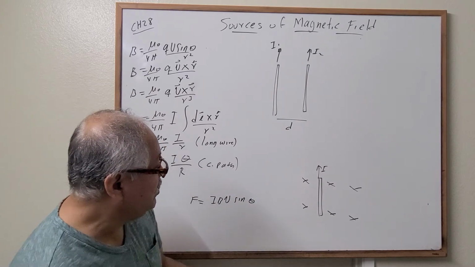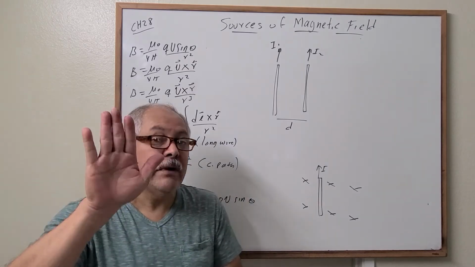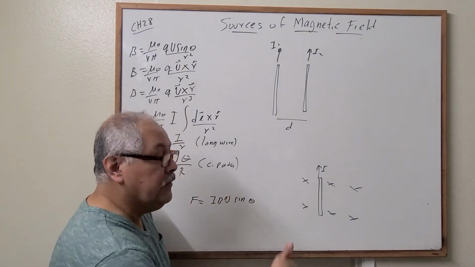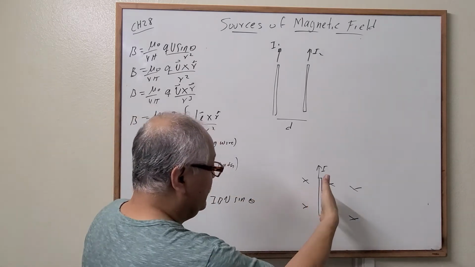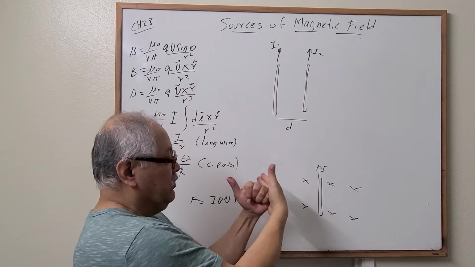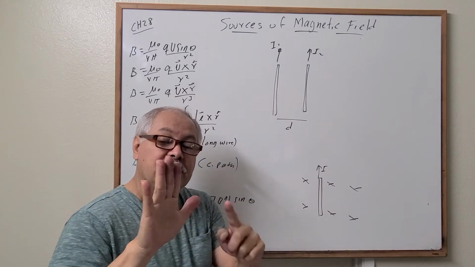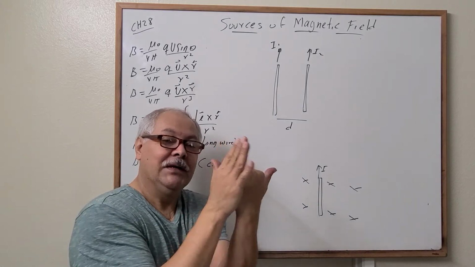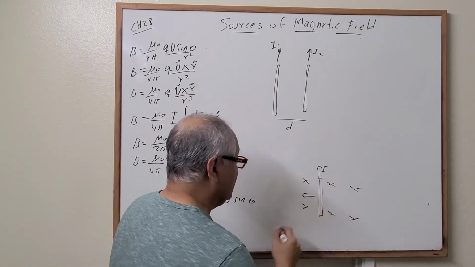This is the magnitude. What's the direction? Well, we use the right hand rule. This is the direction of the current, this is the direction of the magnetic field, and the force is perpendicular to the plane formed by the velocity and the magnetic field. So we have a force acting in this direction.